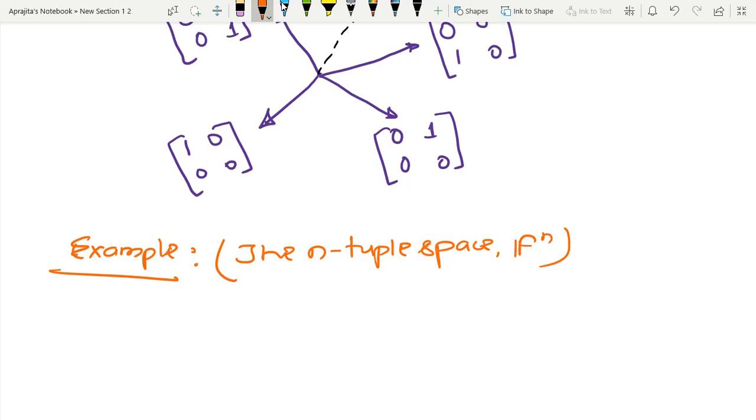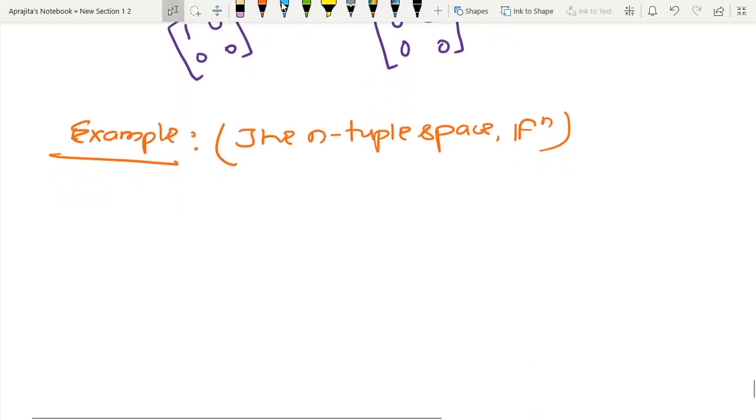I am assuming that whatever field I have selected is not going to violate the axioms of a field, and based on that assumption I am going to create this space. And what is the meaning of n-tuples? It means that in this vector space each vector is denoted by n number of components. That is the meaning.